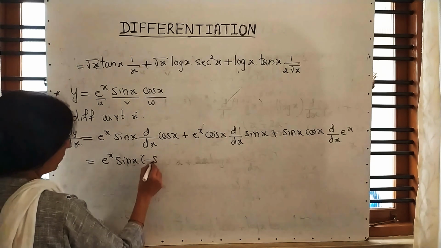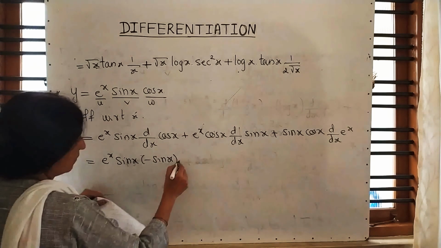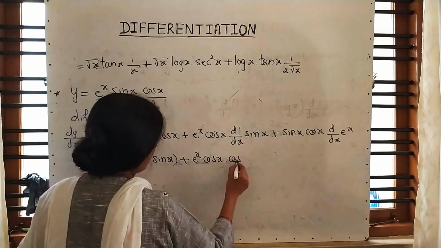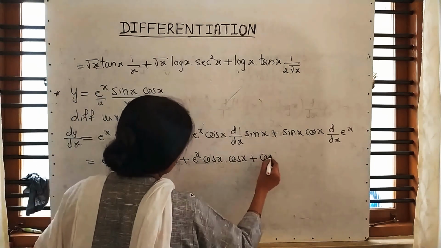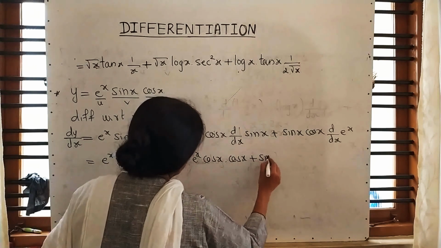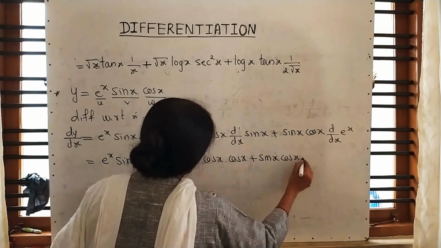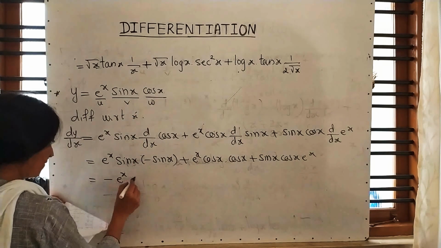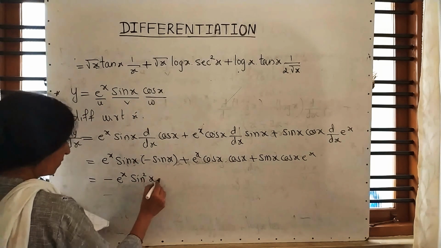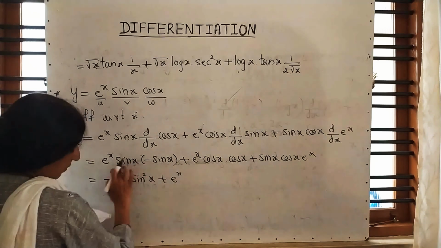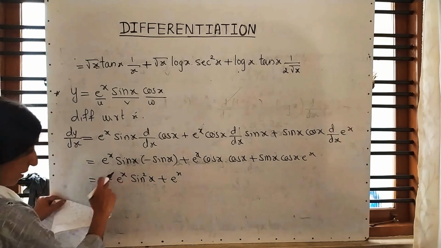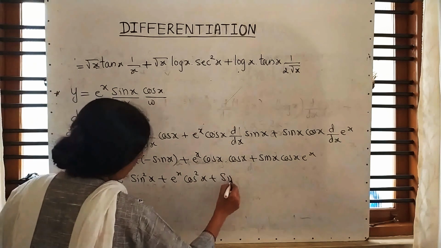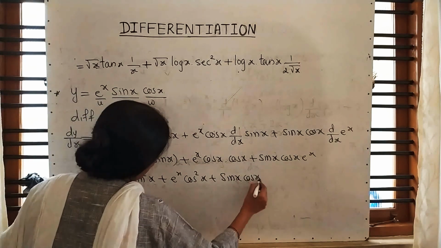Differentiation of cos x is minus sin x. Differentiation of e raised to x is e raised to x. Minus sin x into sin x is sin square x, and this minus comes here. This is cos square x. There is no change. These terms will be as it is.